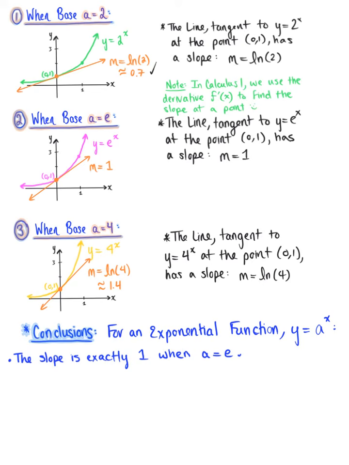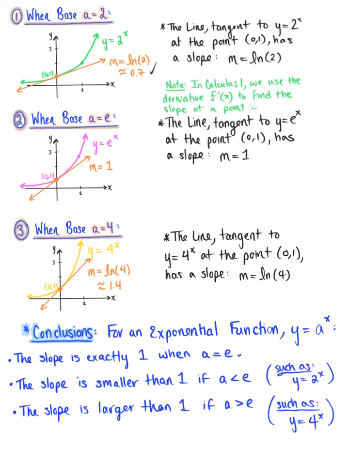The second thing we want to notice is that the slope is smaller than 1 if the base a is less than e, as we're seeing with the exponential function y equals 2 to the x. And last but not least, we're observing here that the slope is going to be larger than 1 if the base a is greater than e, as we're seeing with the exponential function y equals 4 to the x.